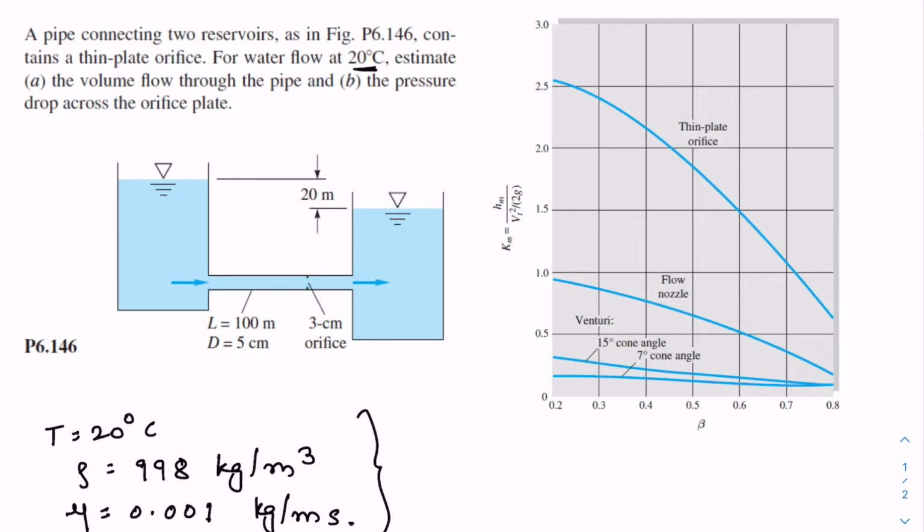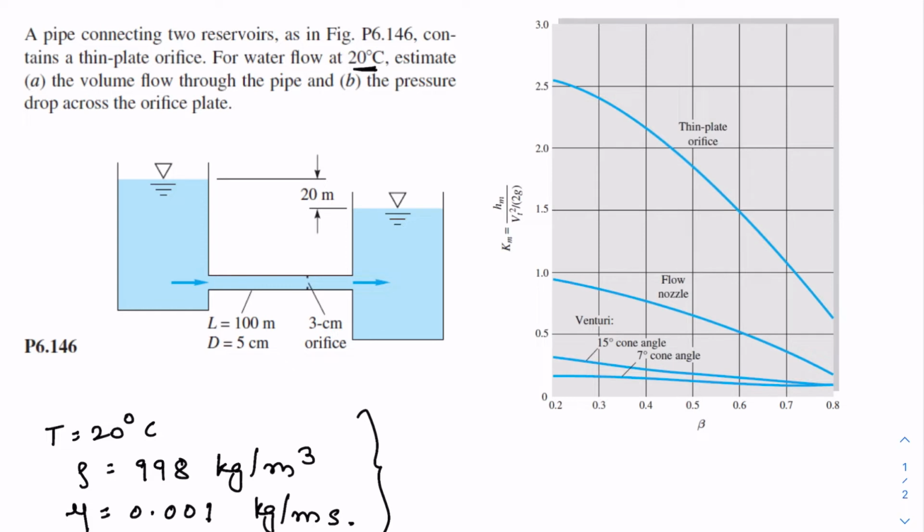We are also given this length, which is 100 meters, and which is very large compared to the diameter of the pipe, which is just 5 centimeters. So this tells us that there are significant major losses in these pipe sections, and we can calculate those viscous losses, those major losses, from the Moody chart.